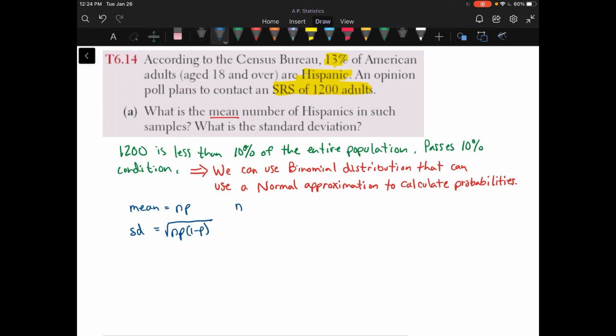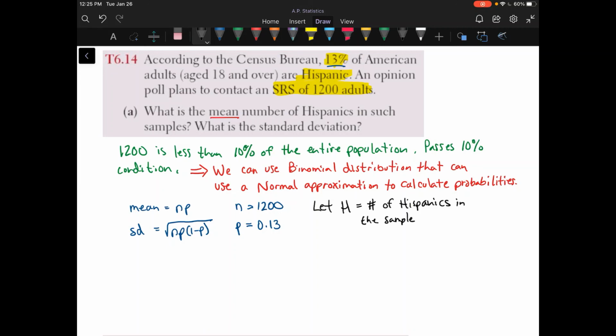N represents the sample size, in this case 1,200, and p is the probability of success, which we have as 13% or 0.13. We'll have a random variable here. We'll let H equal the number of Hispanics in the sample.